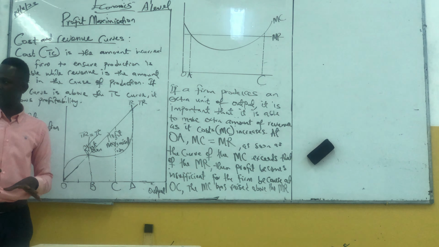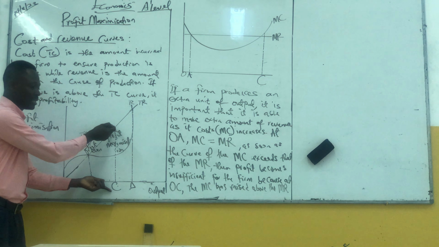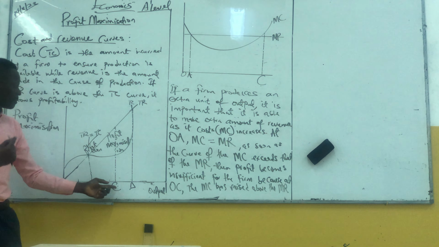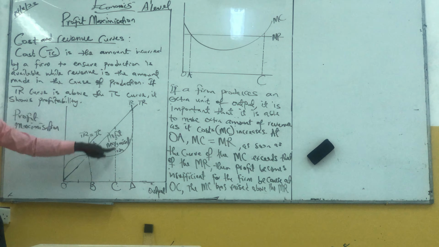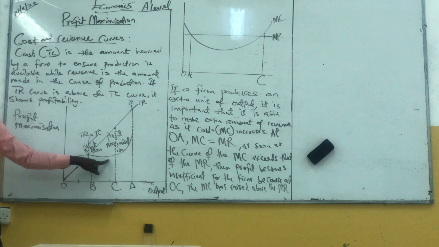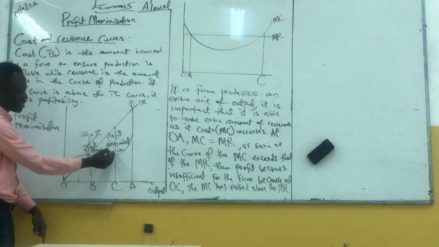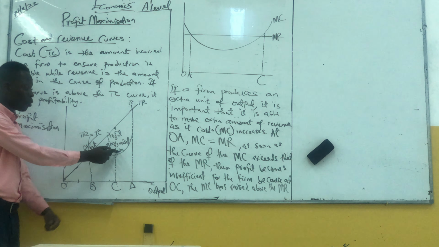Now, going towards OC, the output has increased. Yes or no? At the same time, what happens to the revenue? The revenue has increased above the cost. Look at your revenue. The revenue has increased and the cost is falling. Why? Because output has increased.